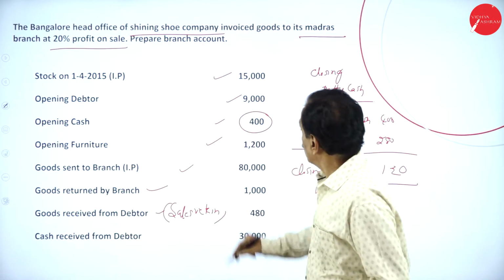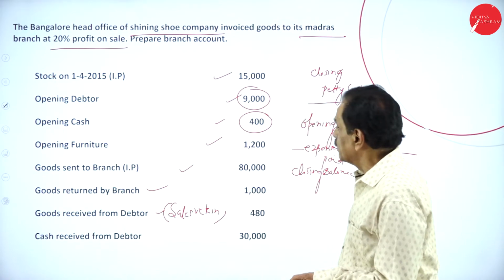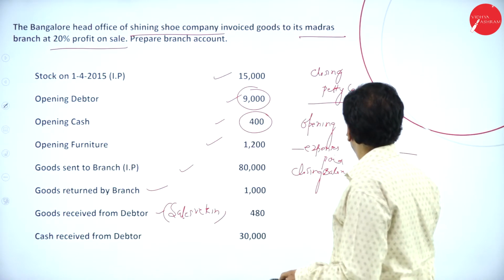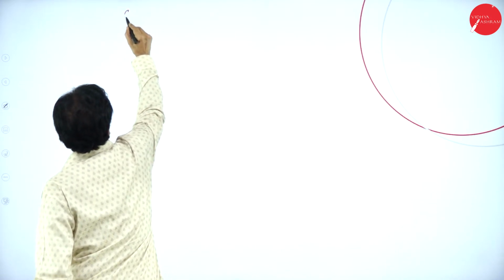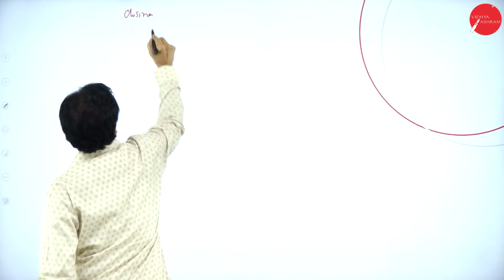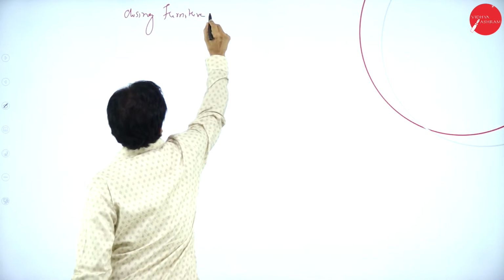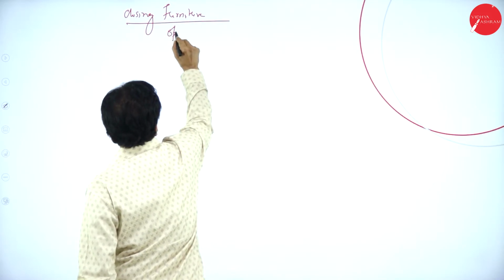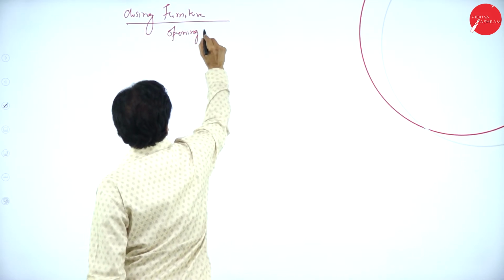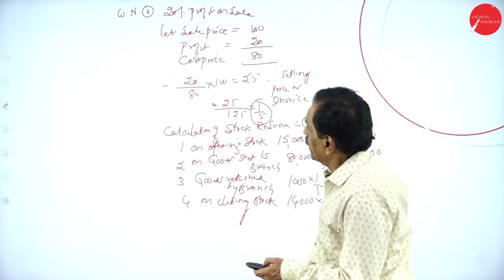Then you got an opening debtor, how much? 9,000. Find out the closing debtor. Closing furniture. Here you go to closing furniture. What's the opening value of the furniture?